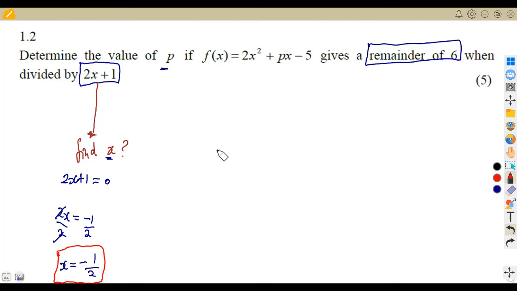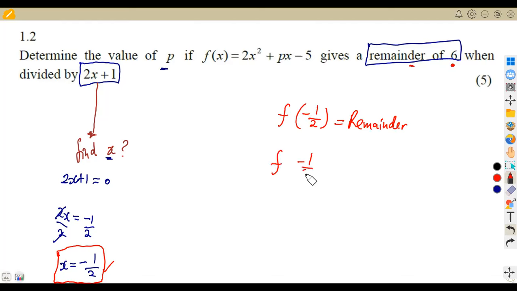What are you going to do with the value of x? That is what is important. Because it's a remainder, f of minus half must be equal to the remainder, which is 6.